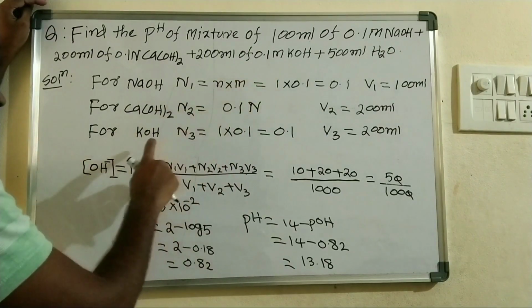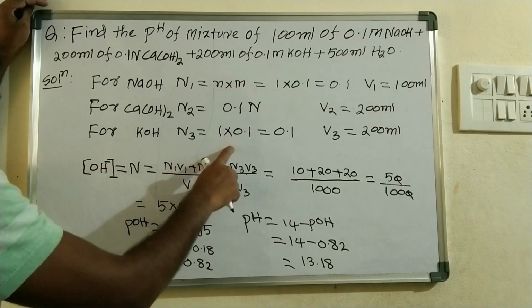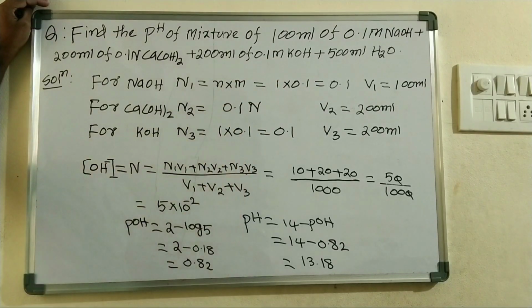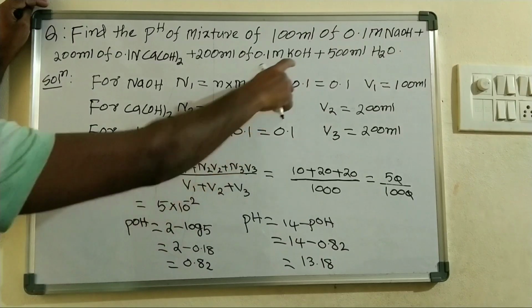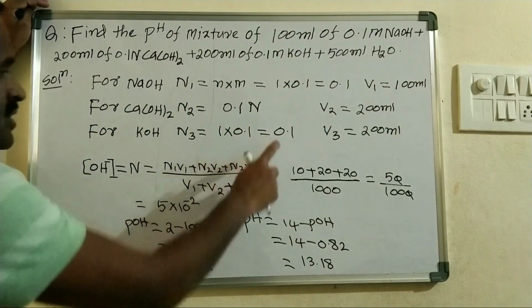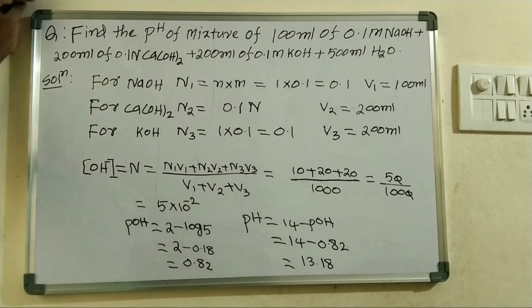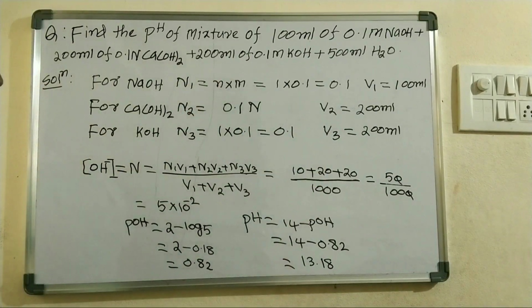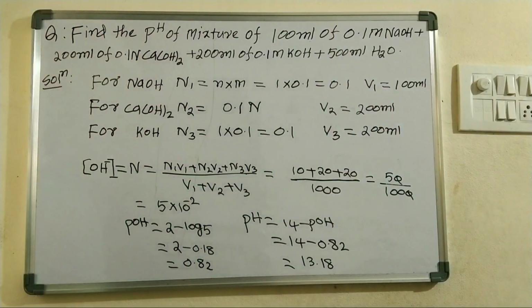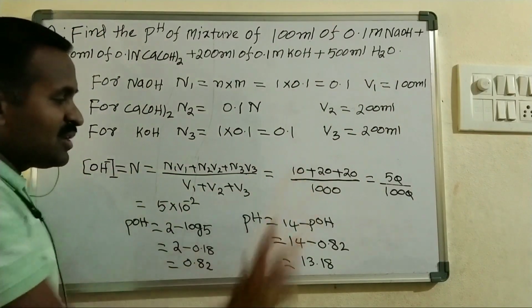For potassium hydroxide KOH, N3 equals 1 into 0.1, converting the given molarity into normality. This 1 is the n factor, since one replaceable OH minus ion is present in KOH, so that's 0.1, and its volume is given as 200 ml. The total is 500 ml. Again 500 ml of water is mixed, so the total volume becomes 1000 ml.